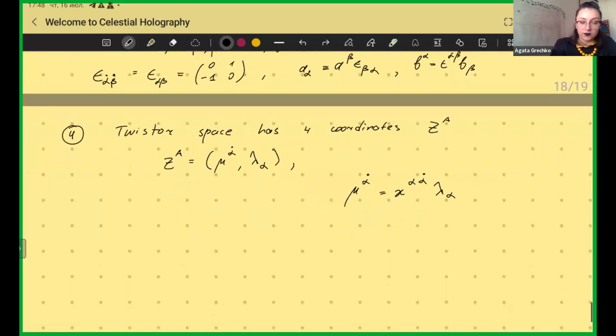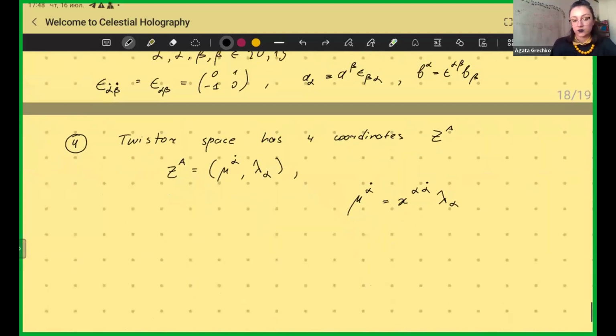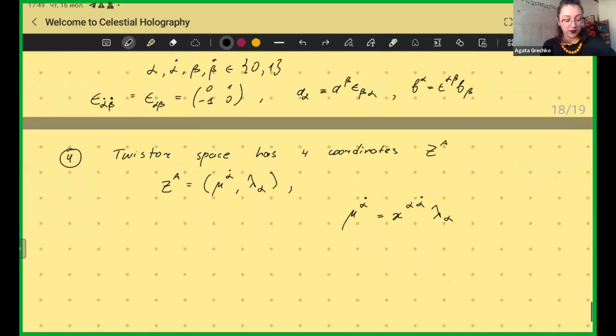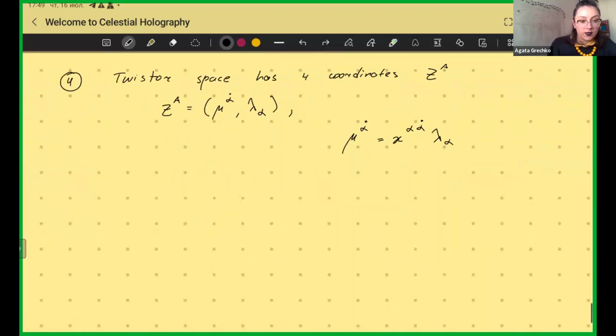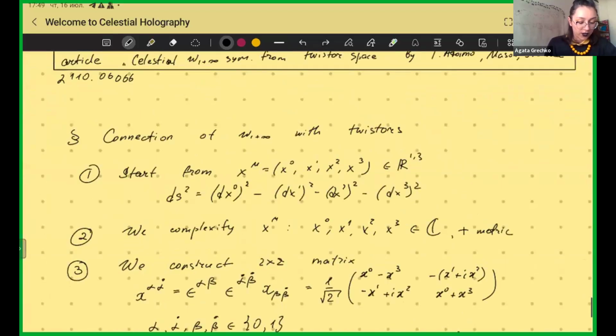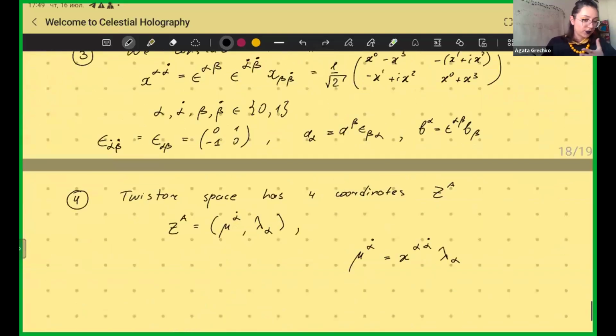As far as I understand, there will be some deformations of it. We need to introduce some new structures corresponding to the gravitons that deform our twistor space. I will not discuss it, but just keep it in mind. So this is how twistors arise, and what they mean in flat Minkowski space.